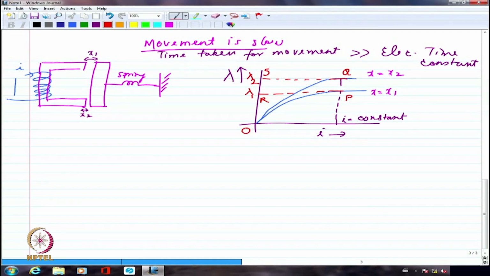Okay? Now, what I have as input to the entire system is the electrical energy input. So that will be, from what we said earlier, EI dt. This is the electrical energy input.